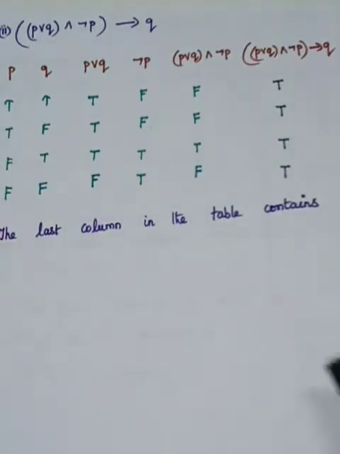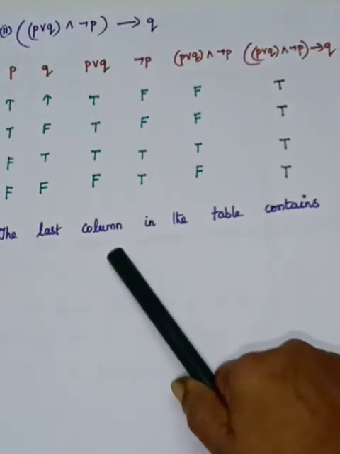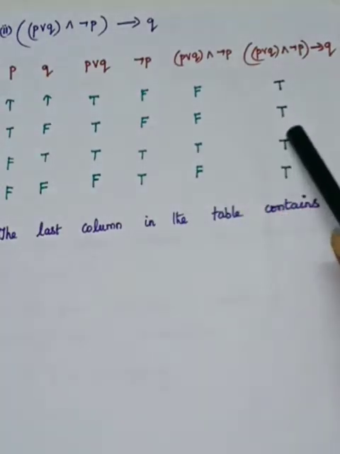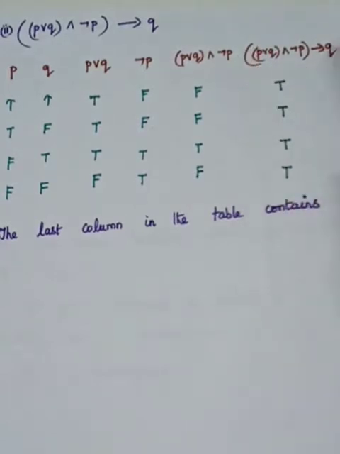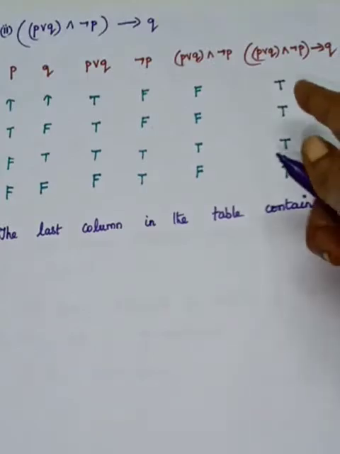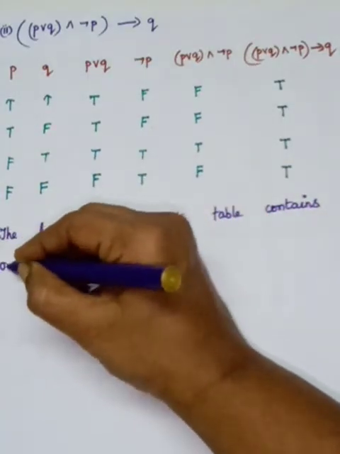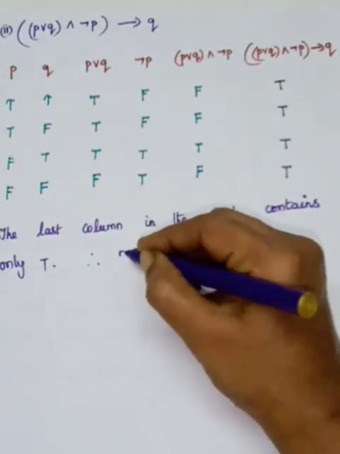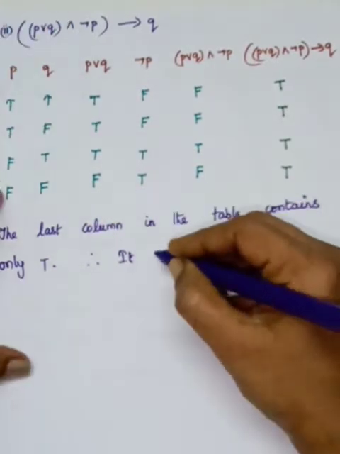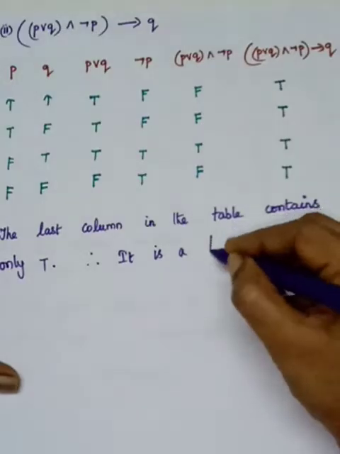So you see that the last column entries in the table corresponding to this compound statement contains only T. So therefore the compound statement is a tautology.